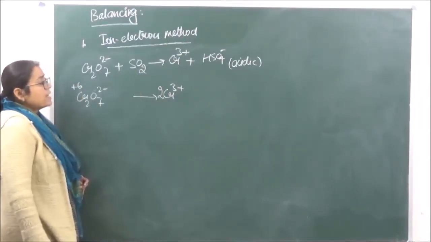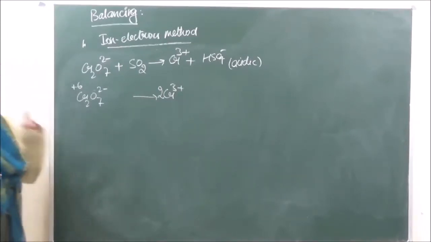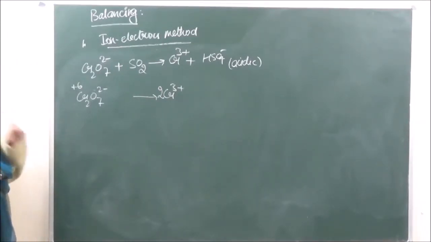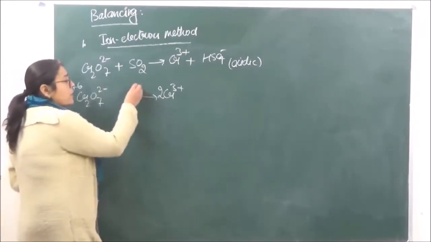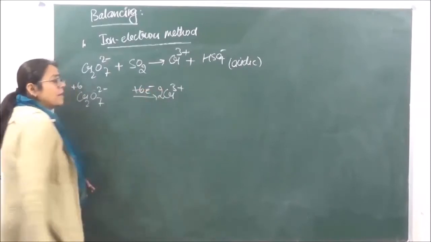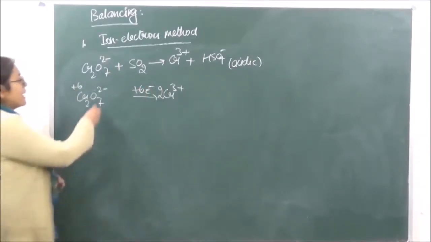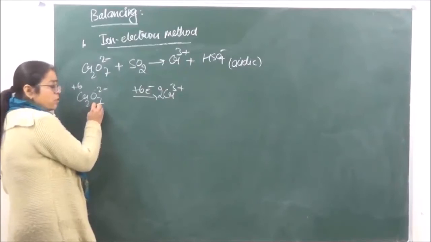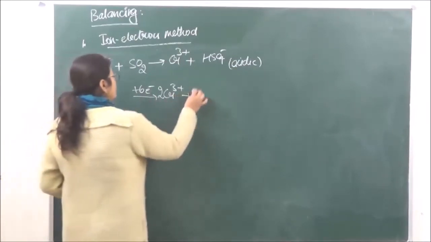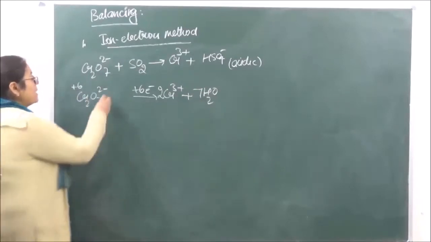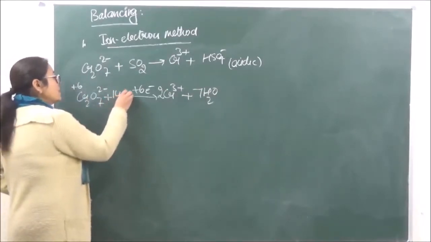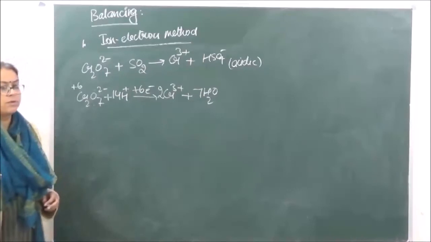And accordingly, we have to take the electron exchange for 2 chromiums. If for 1 it is 3, then for 2 it is going to be 6. So 6 electrons are added on the left side. Then because it is an acidic medium, we balance with 7H2O, and finally we balance hydrogen with 14H positive.